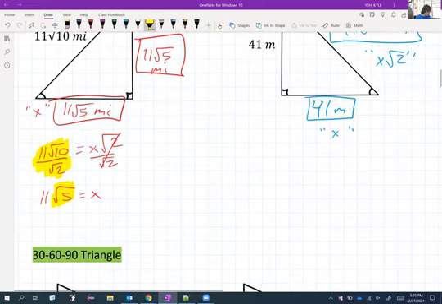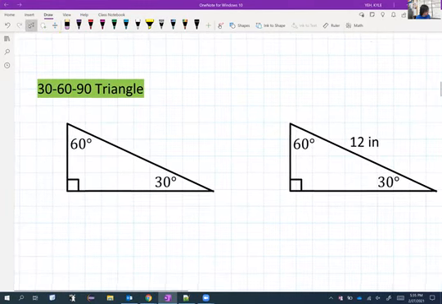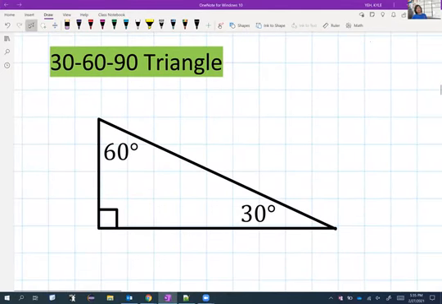But I want to go into the second of our two special right triangles. We'll just start with this blank triangle right here. This one is called the 30, 60, 90 triangle for somewhat obvious reasons. Its three interior angle measures are 30 degrees, 60 degrees, and 90 degrees. So the legs are not the same length.